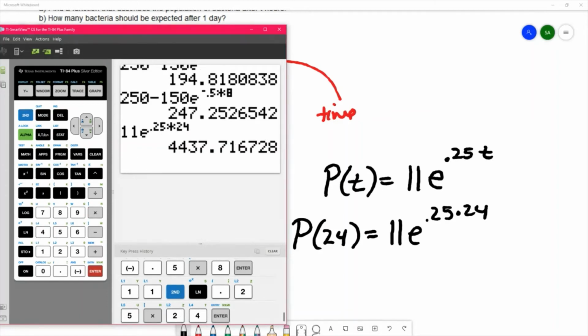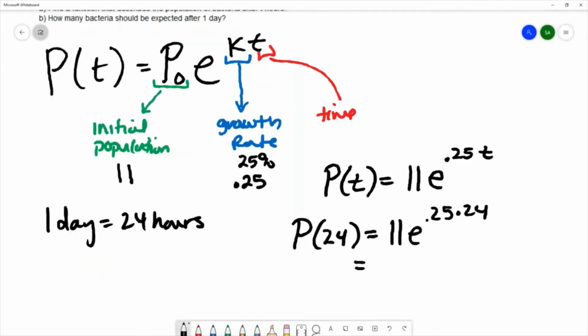So we have a new population of bacteria, which is 4,437. We'll round to the nearest whole number. So the bacteria that we expect after 1 day is 4,437.